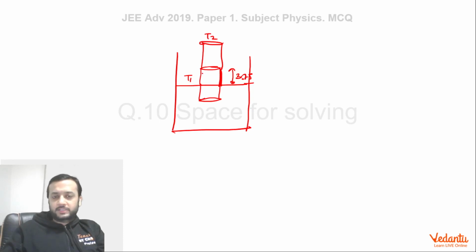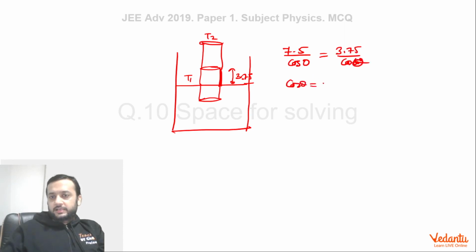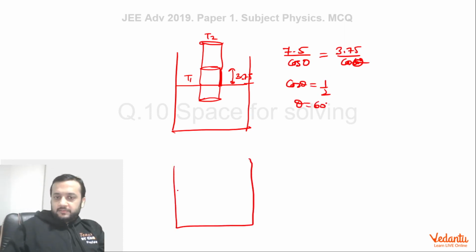Remember, I'm talking about a special case. So now it is easy to see that the angle of contact in this case will become 60°. How? Using the same formula: 7.5 upon cos 0 will be equal to 3.75 upon cos theta. So it is easy to see that cos theta is half. So theta is 60°.